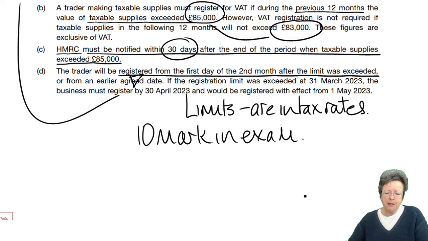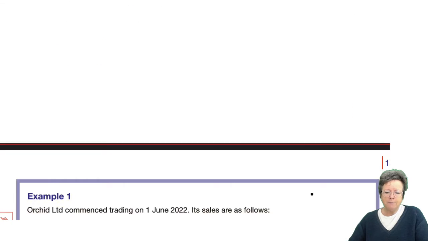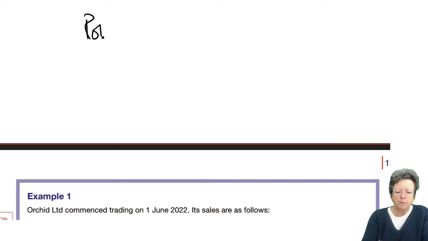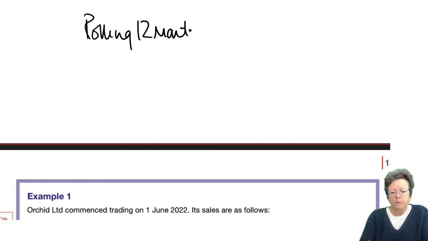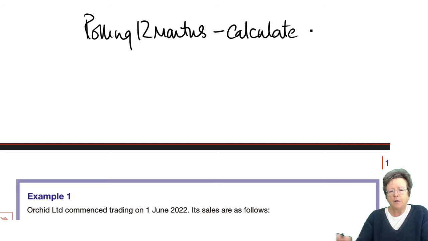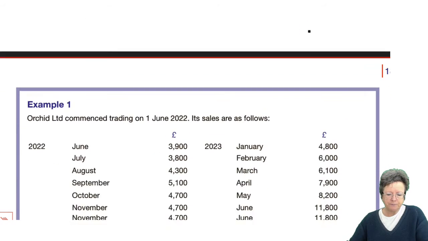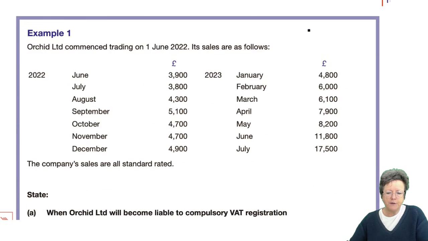Now, I'm going to explain to you what I mean by a rolling 12 months, which is the way that we calculate whether or not somebody has exceeded the limit. You'll see this is the kind of question that you could get.